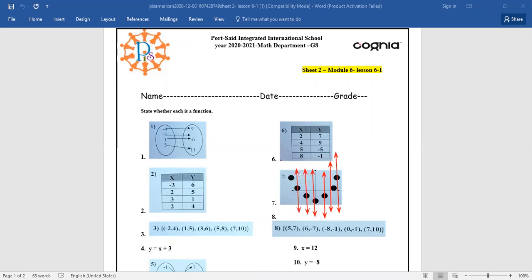We note that the vertical line test in any position will not intersect at more than 1 point. For this reason, the answer for this question will be function. Why? Because each input is connected only one time.